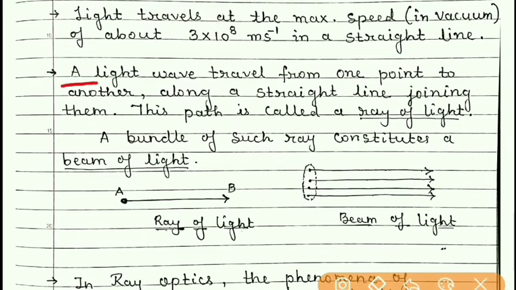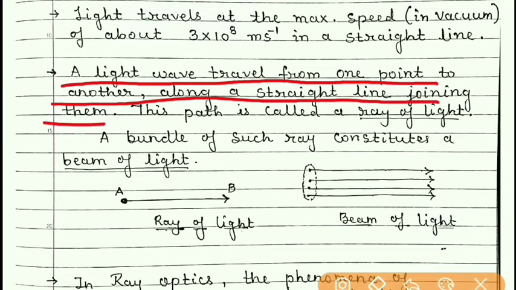Now, a light wave travels from one point to another along a straight line joining them, and this path is called the ray of light.